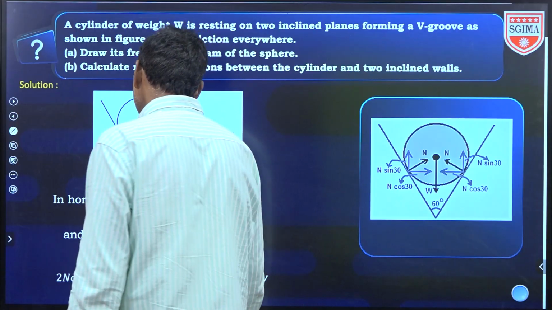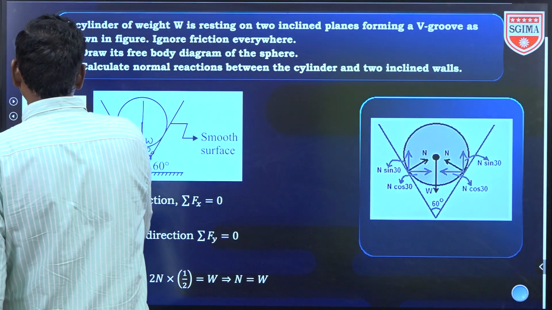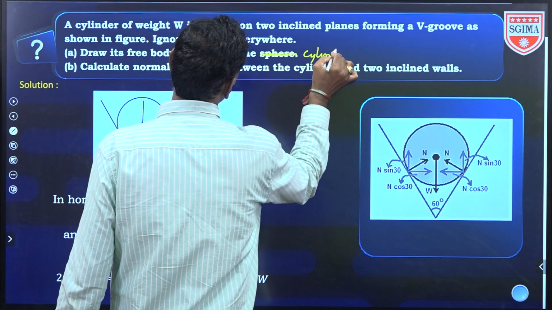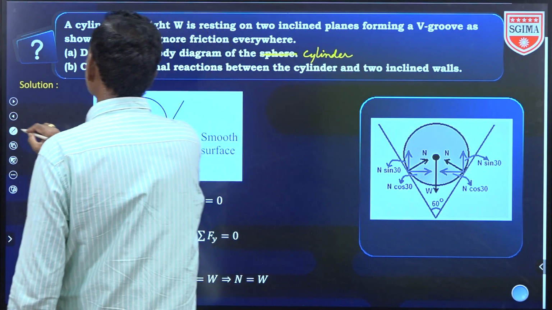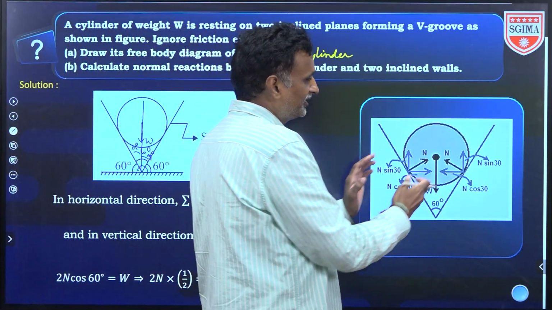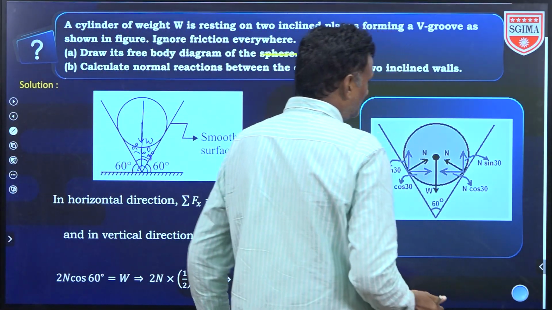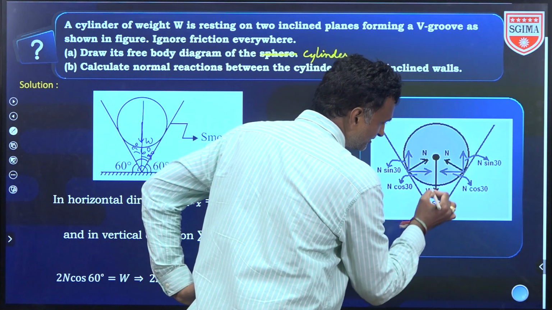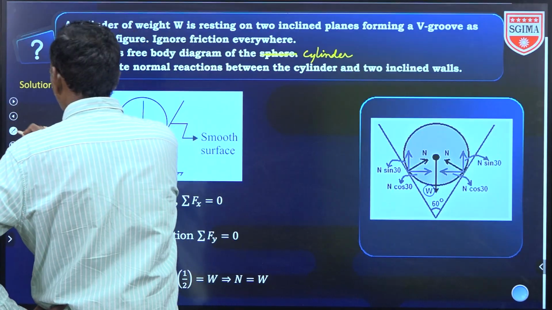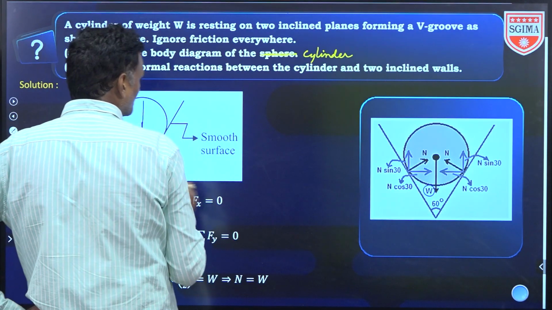This is the free body diagram for the respective case. So vertically downward W will act. Next you can see the diagram here.